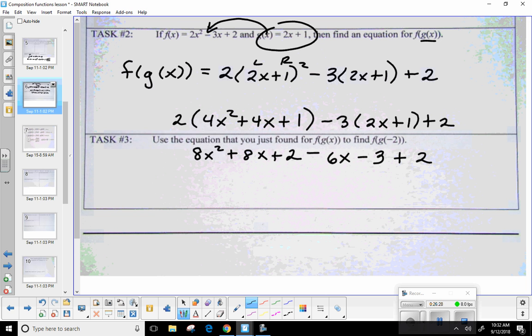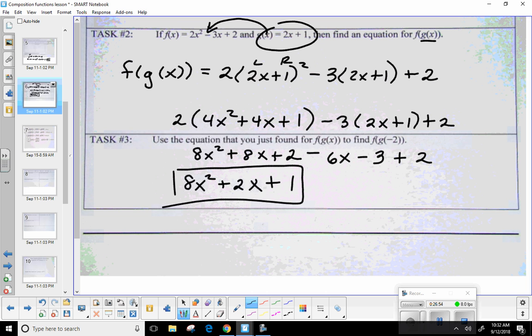There we go. And now we just combine our like terms. So the squared stays the same, but how many x's do I have? 2 x's, so plus 2x. And then 2 minus 3 plus 2 plus 1. So there we go. That equation will represent the composition that we were just working with.